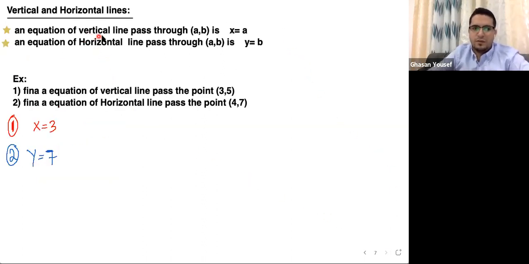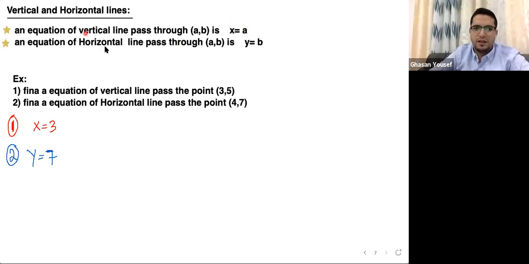Also, for the equation of a vertical line that passes a point, the vertical line still has an equation. We know the vertical line does not have any slope, but it still has an equation. We look for the point this line passes through, and the vertical line has equation x equal the x coordinate of the point.